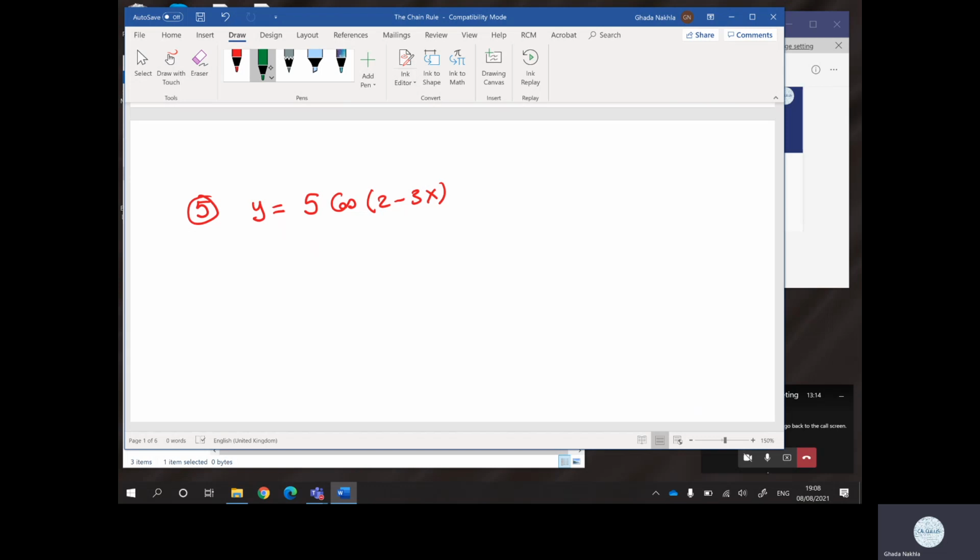Again, let's say let u equal the bracket, and the bracket in this case is 2 minus 3x. Let u equal the bracket, and u is 2 minus 3x, which means that y is equal to 5 cos the bracket. y is equal to 5 cos the bracket, and the bracket is u, so 5 cos u.